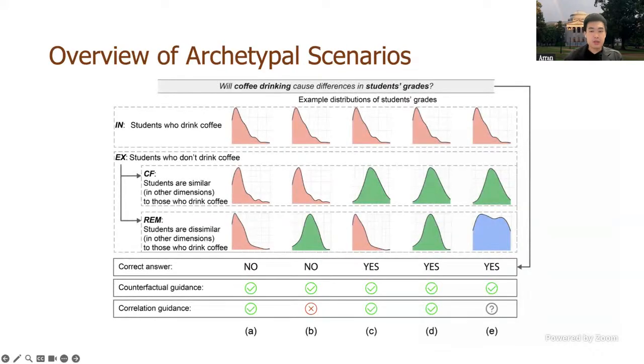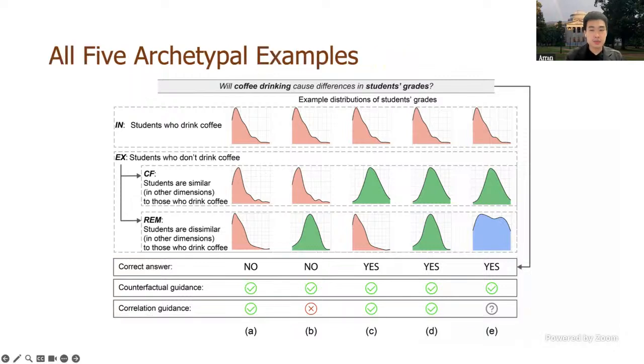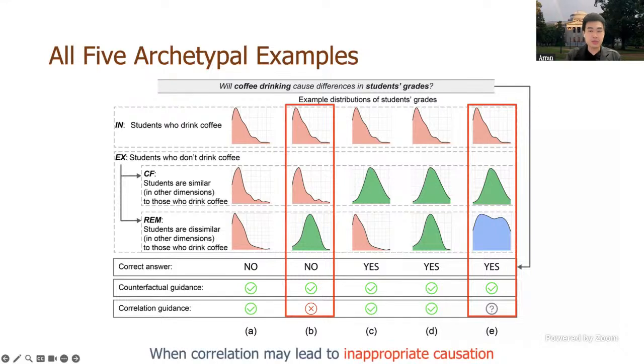And here we show an overview of all these 5 archetypal scenarios with the corresponding potential insights from both counterfactual guidance and correlation guidance in the bottom area. And we highlighted the 2 cases when users may get into a situation where correlation may lead to inappropriate inferences or false positives, while counterfactuals could help users defend against such false positives.